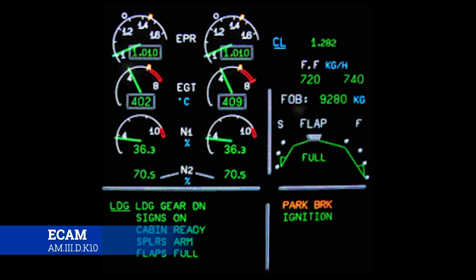And you're going to see this start to develop whenever you start looking at both Boeing and Airbus. In the AI world, they talk about a human in the loop versus a human out of the loop. Okay, so ECAM is going to be a human out of the loop centric system.